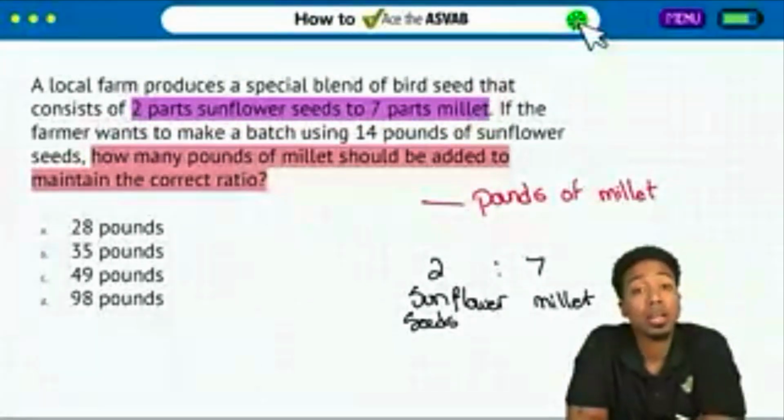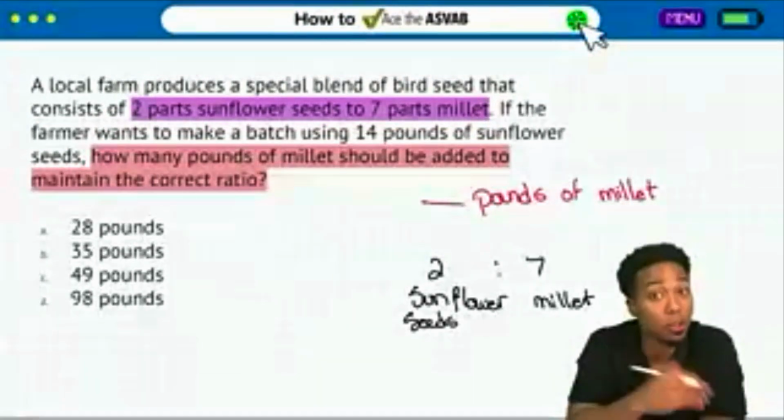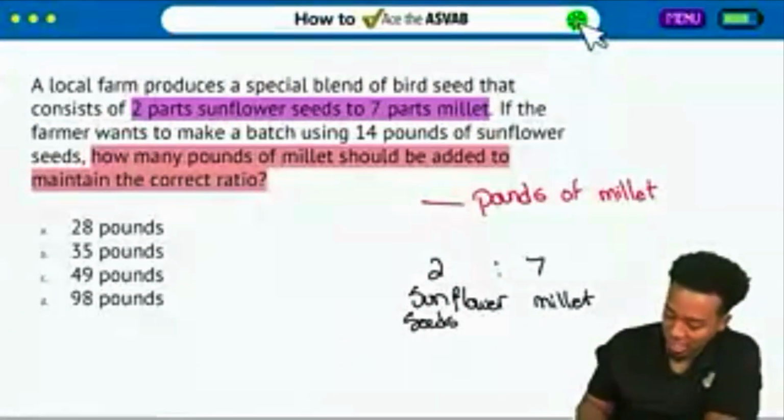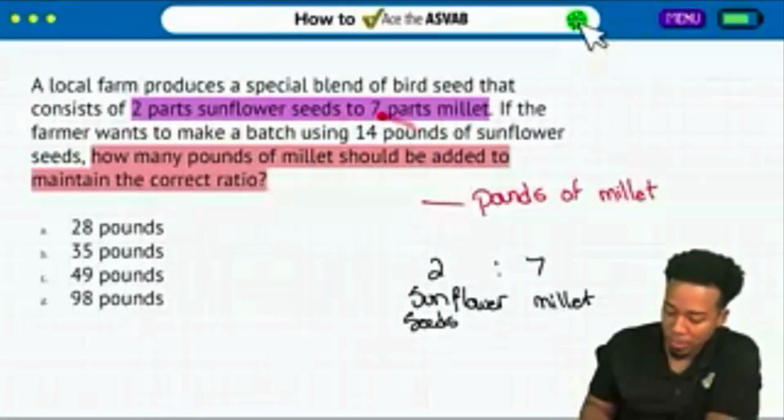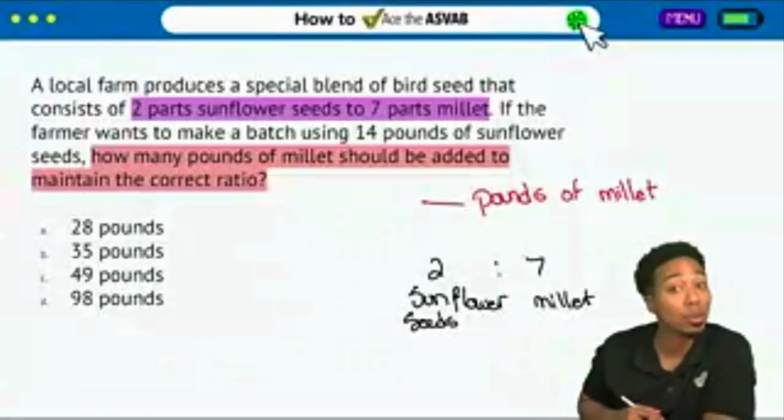Cool. Sounds good. Now, the only thing left to do is to write down that other piece of information that was in the question sentence. It's, if the farmer wants to make a batch using 14 pounds of sunflower seeds, that's connected to the number of pounds of millet that we're looking for.